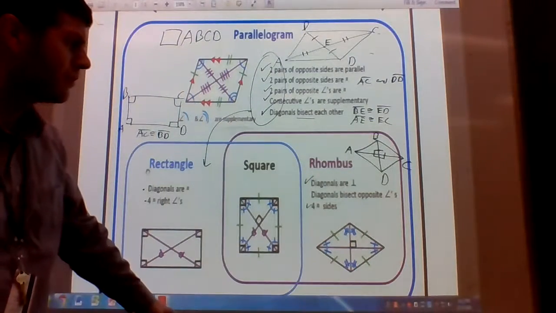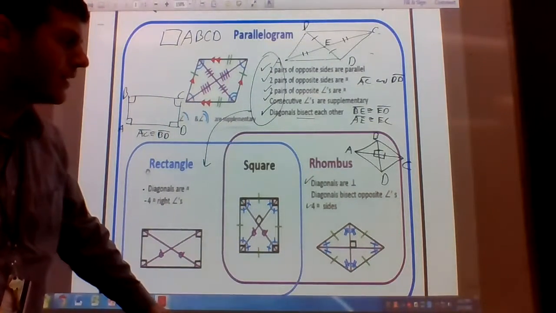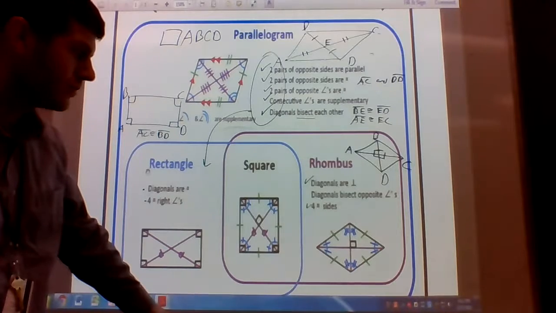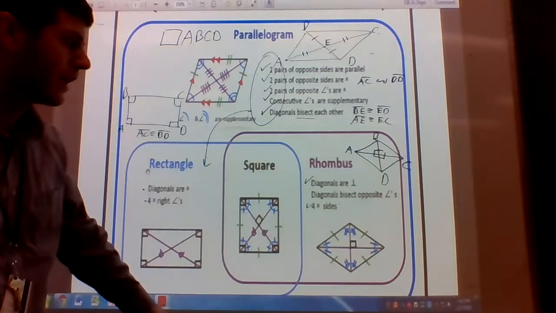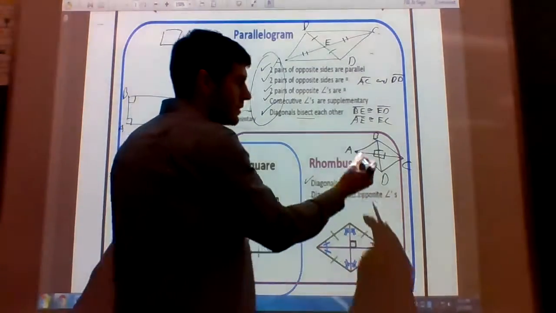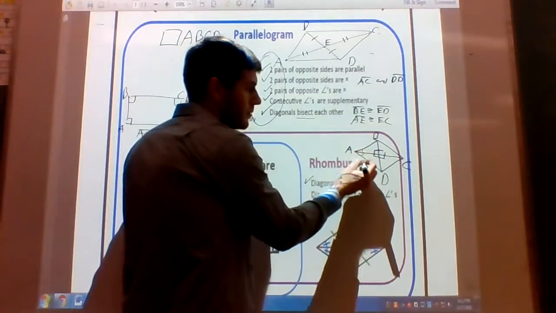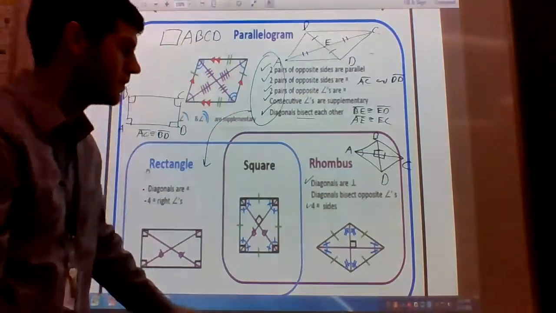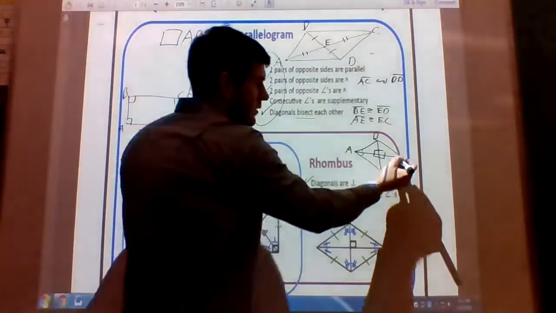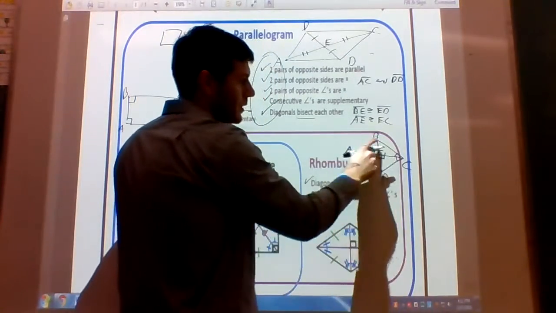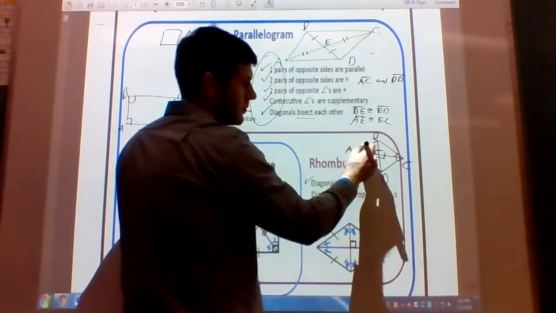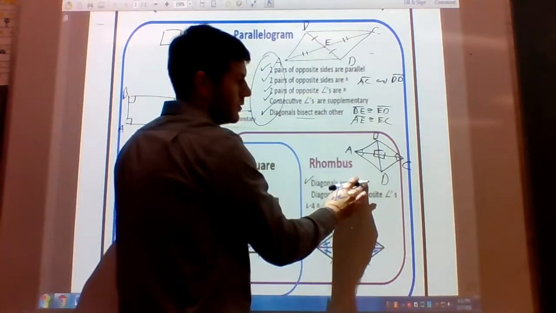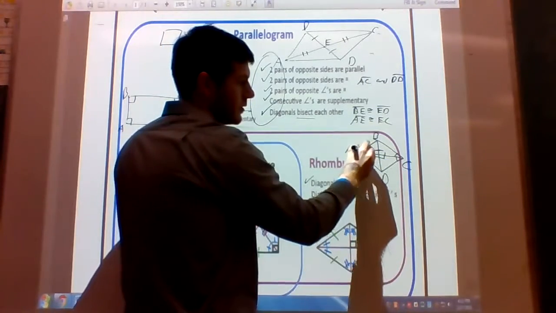The other one is that they bisect opposite angles. Okay, they bisect opposite angles. So that means they split these in half. So these are congruent. So angle BAC and angle DAC are congruent.